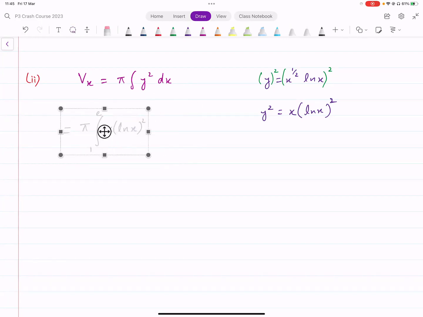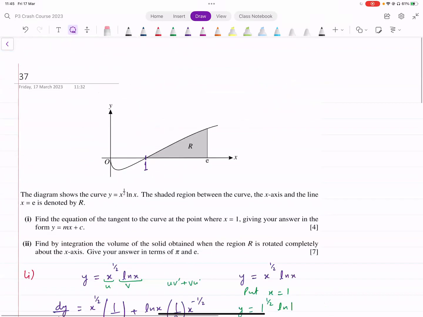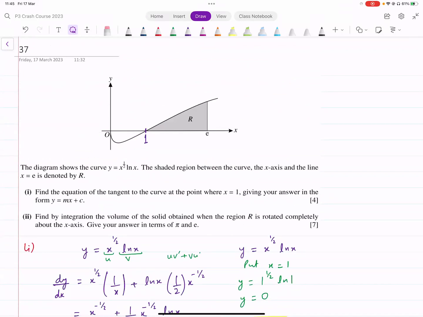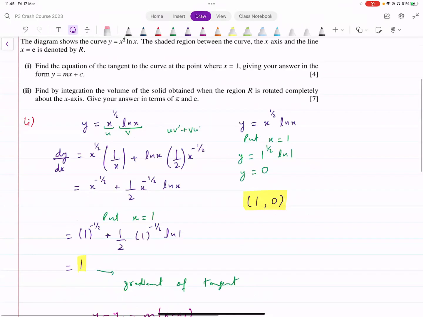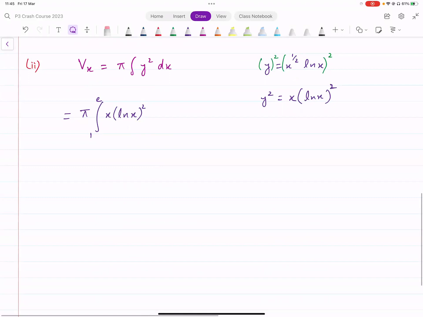It's a product, and we are not given any substitution here, right? When it's a product and we don't have any substitution given, the only method that we have is integration by parts. So we would have to use integration by parts.